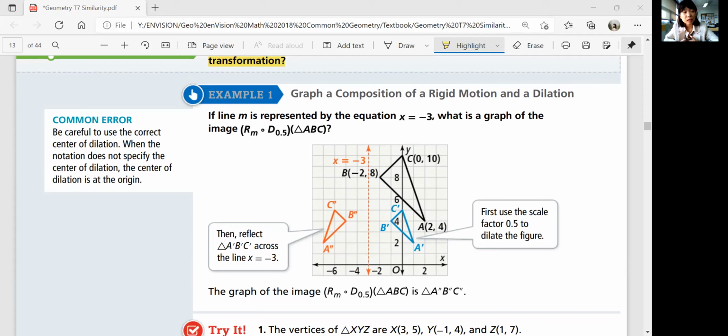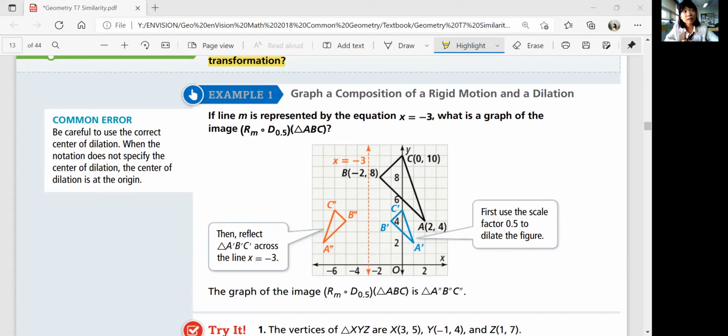In the transformation section, we learned that the rigid motion preserves angle measures and distances between the points, right? So you can do reflection, translation, and rotation, and they all preserve angle measures and distances between the points.